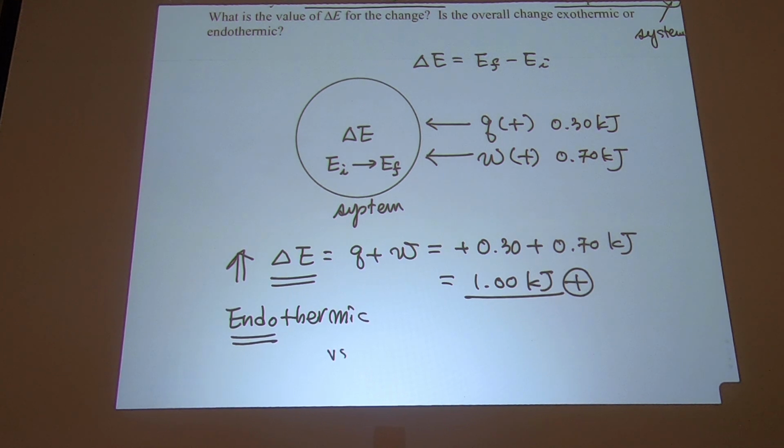The opposite of endothermic is exothermic, right? Exothermic means you're releasing energy, so your internal energy goes down, your enthalpy goes down, and the energy decrease of your system is liberated in the form of heat. So this is an endothermic process.